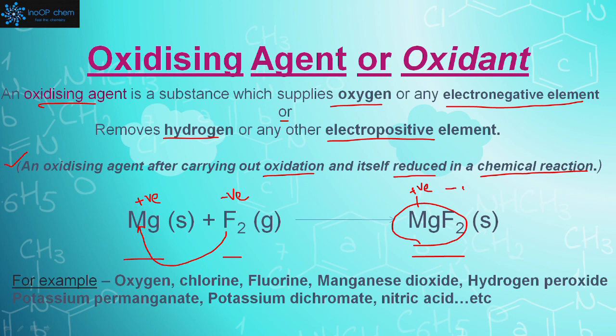So at the same time, fluorine is oxidized and reduced. So fluorine is an oxidizing agent. After carrying out oxidation, it is reduced in a chemical reaction. More examples of oxidants are oxygen, chlorine, fluorine, manganese dioxide, hydrogen peroxide, potassium permanganate, potassium dichromate, nitric acid, etc.